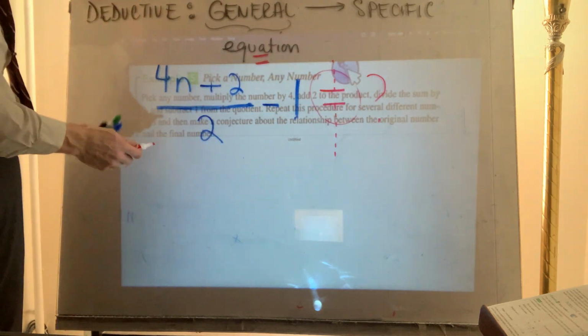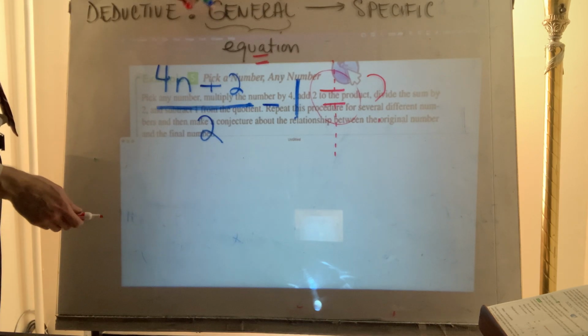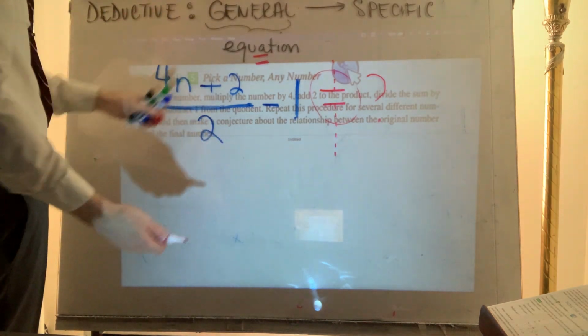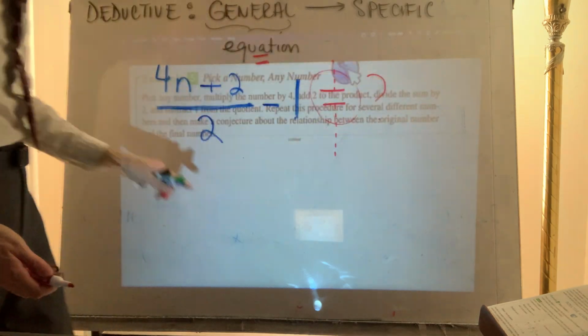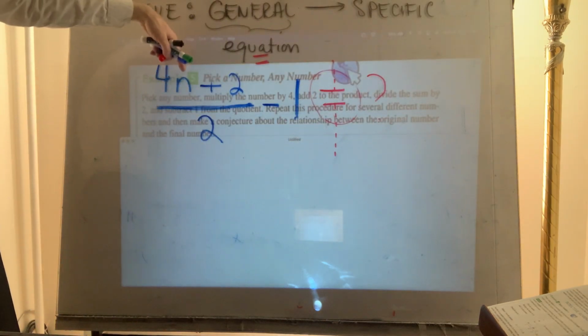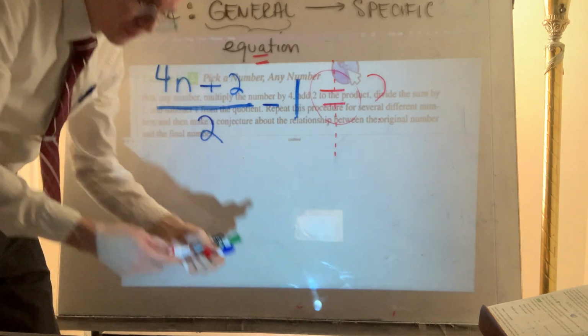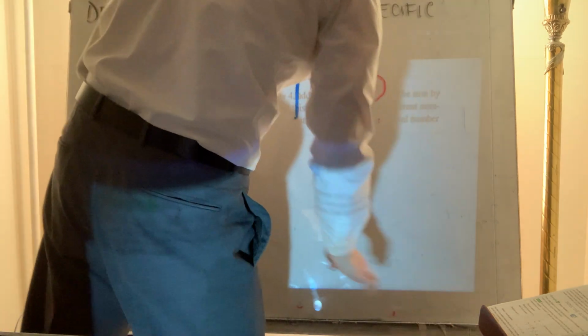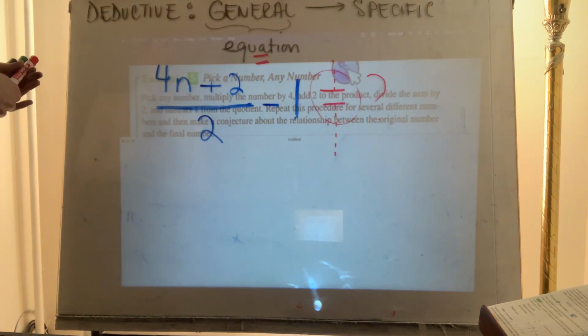Okay? But it nonetheless is a general statement, right? A model that we could use to now repeat the process using several different numbers in place of n to see what we get, right?